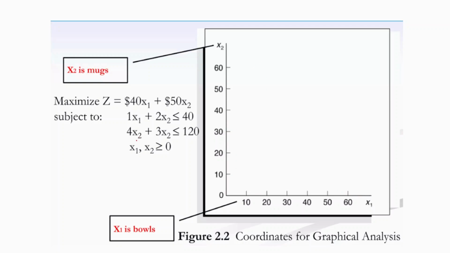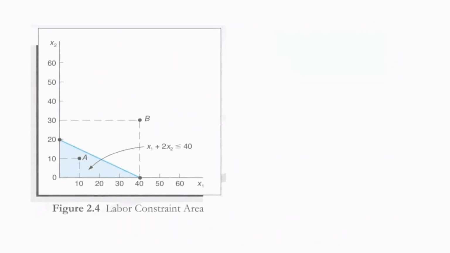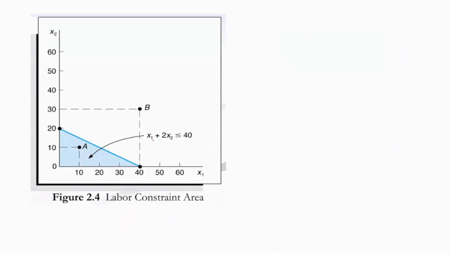Representing the linear constraints on this graph, we are talking about these 2 constraints. Now we'll plot the first line, x1 + 2x2 ≤ 40. First of all, we'll plot the line x1 + 2x2 = 40.